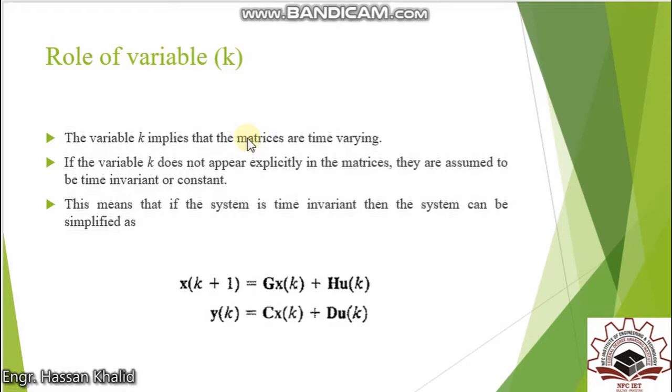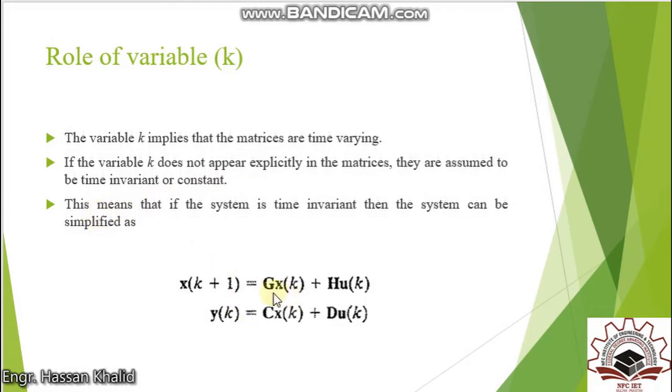Alright, now let's look at the role of the variable k. If the variable k appears in the matrices, as in the previous slide, it implies that the matrices are time varying. If the variable k does not appear explicitly in the matrices, they are assumed to be time invariant or constant, just like LTI systems.